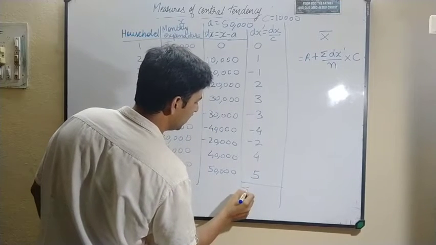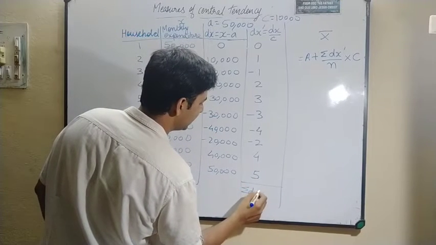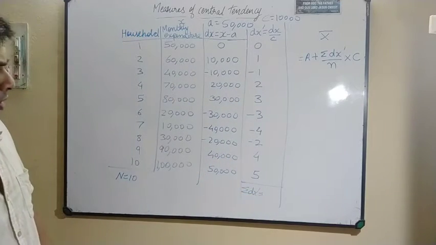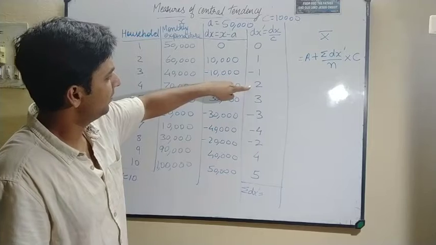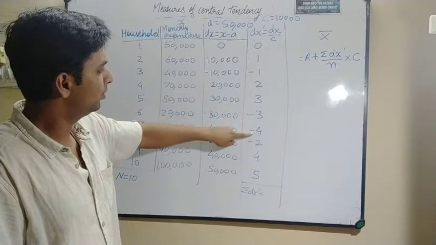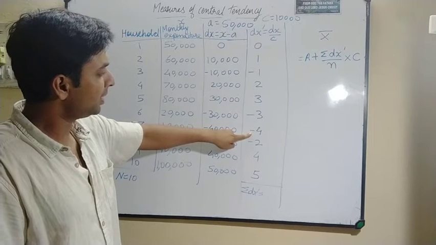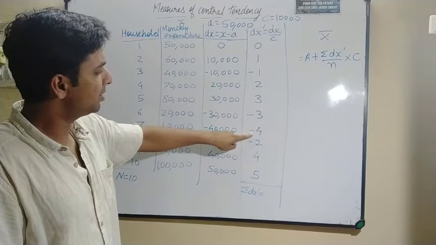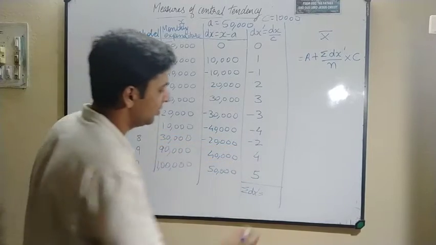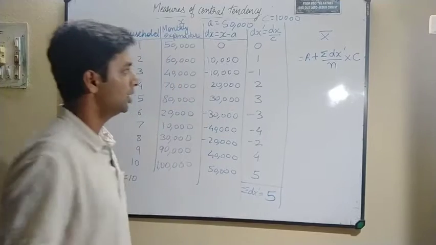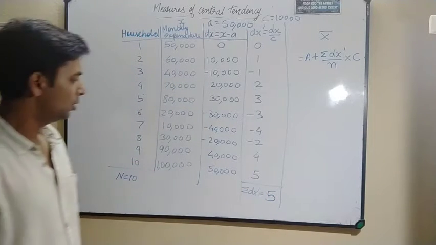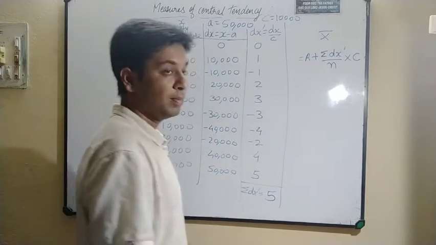And we want the total of this, which will be dx dash. So we are going to find this total. Okay, so let us find out. Here we can say 5 will be there, 5 minus 3 will be back to 2, and then minus 4, so it will be minus 2, and here minus 4, then 0, then 5 will be here. So here this dx value will be minus 5. Or sorry, 5, it will be positive.